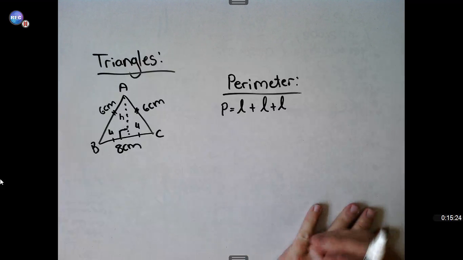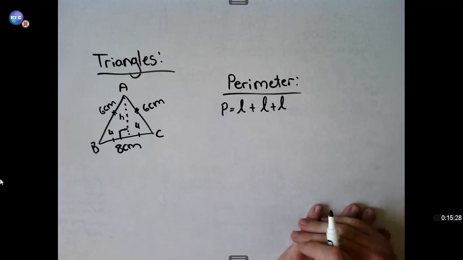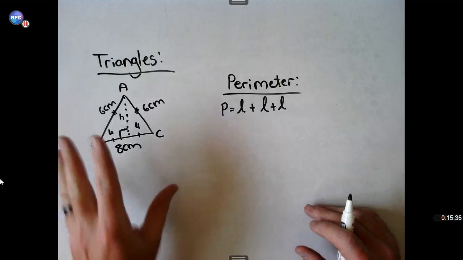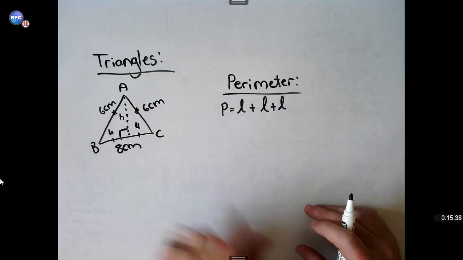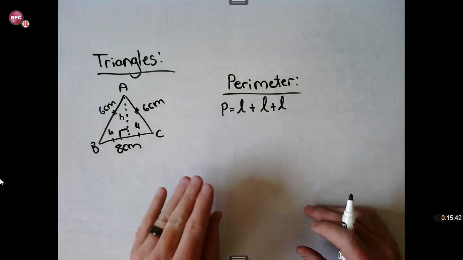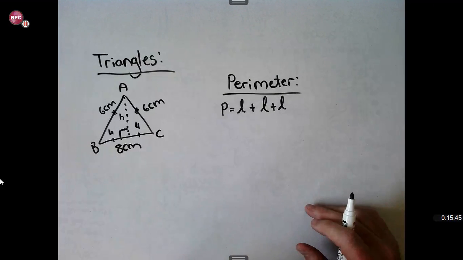The only triangle that can be calculated as 3 times length is an equilateral triangle, because all the sides are equal in length. You cannot use that formula on an isosceles triangle, a right angle triangle, or a scalene triangle. You are going to mess up the calculation. So 3 times length is only used on equilateral triangles.